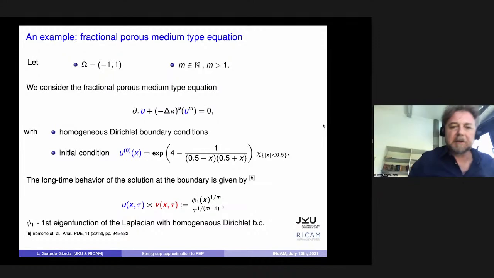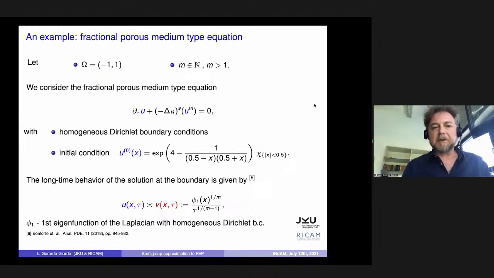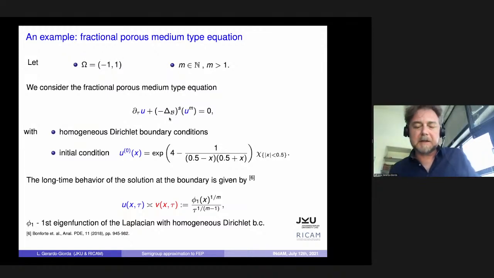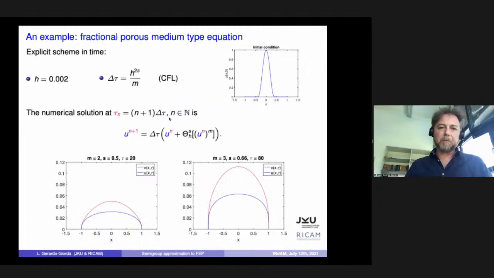So you just throw all that is not the time derivative to the previous time step. So it's just a matter of updating the solution that you computed previously.